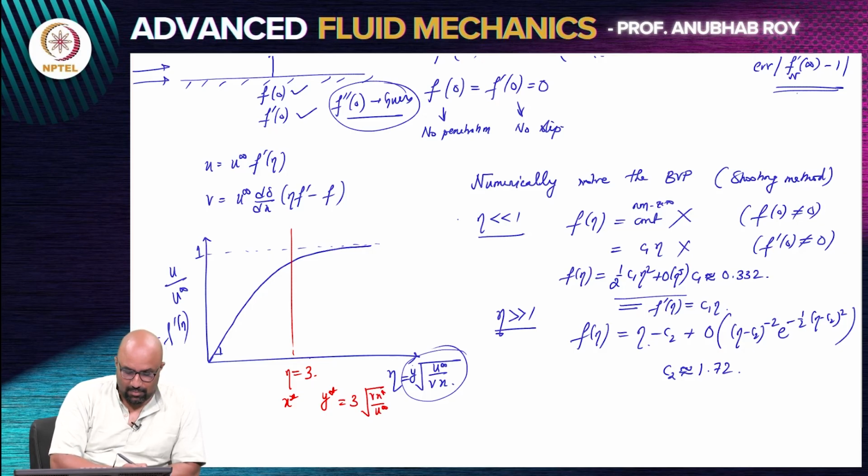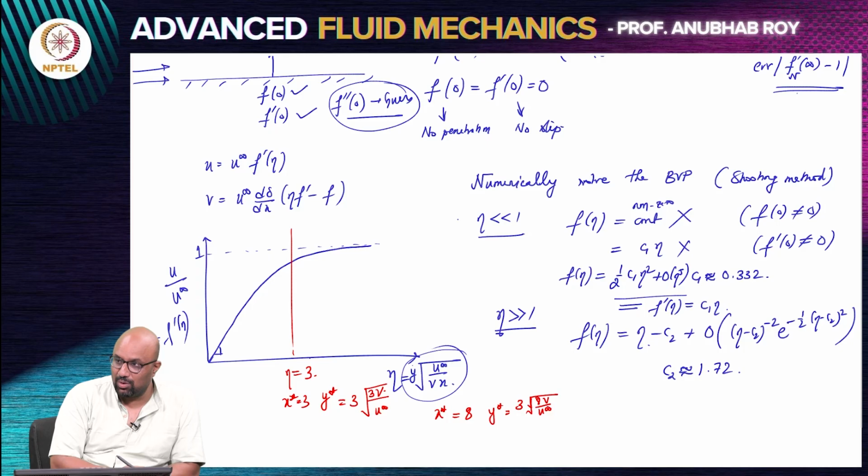right. But if you were to choose a value of x star which was, let us say, 8, so this is 3 root of nu x star by u infinity, and now if I choose this x star to be 8, my y star is 3 root of 8 nu by u infinity.